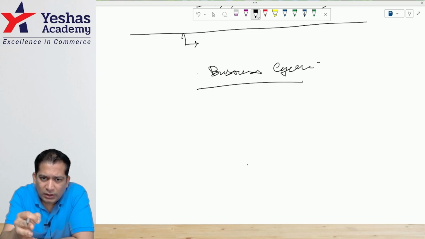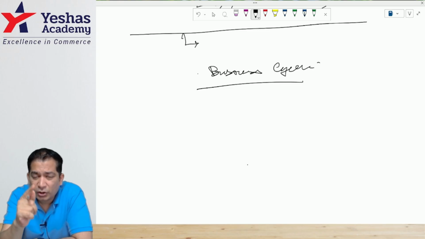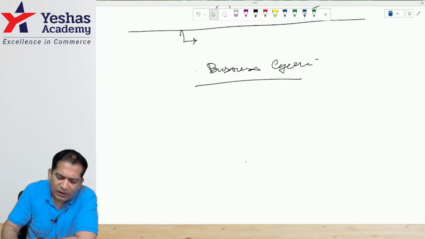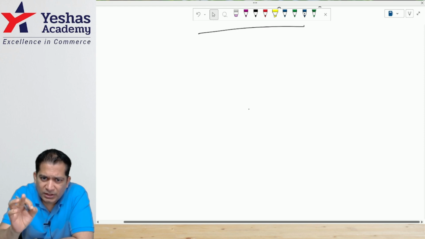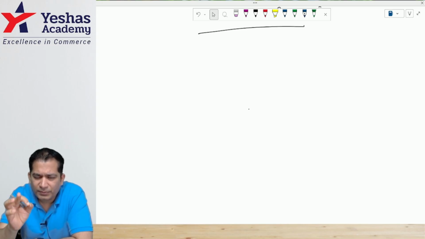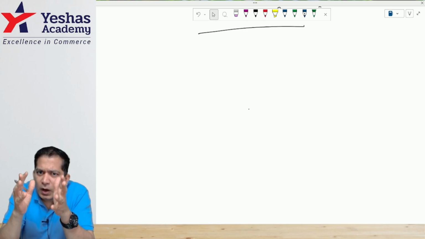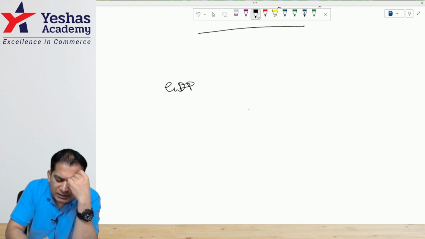And also in the business cycle they will always ask you a question with regard to economic indicators, that is coincident indicators, like leading and lagging indicators. When you go to national income, please don't get bogged down by the equations. Equations are important, but if you refer to the class notes you will be able to figure out that a lot of questions are asked from there, wherein you have to figure out which equation is correct. For example, they can say GDP at market price, if I want to find out.